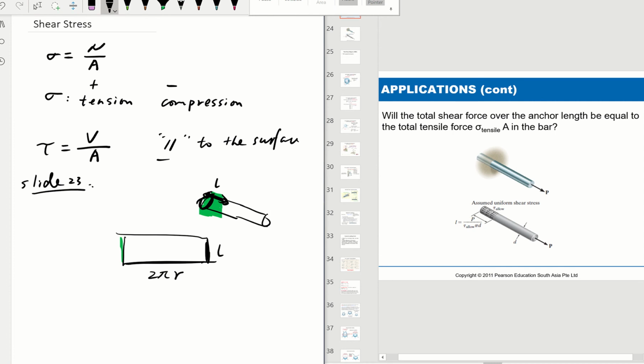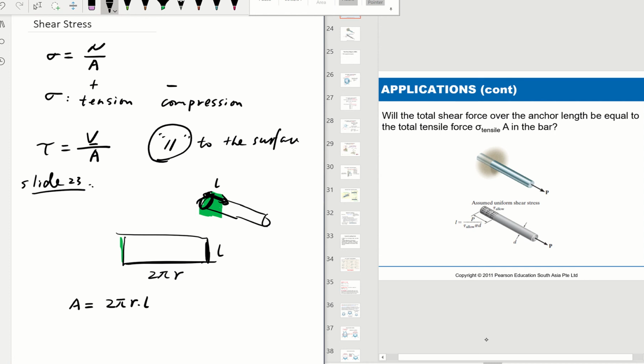So what you just calculated is the area of the cylinder shape that's completely anchored to the wall. That's the surface area. And be aware, this shear V is going to be parallel to the surface.